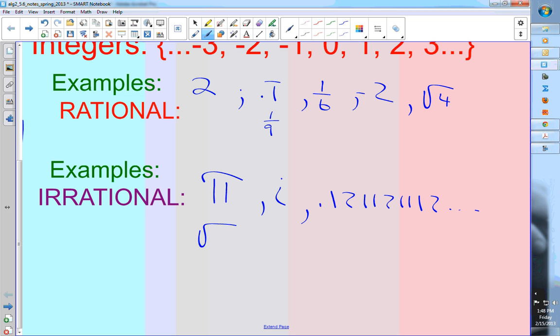Square root of 7, not rational. Is e irrational? It is also irrational, but nobody but you probably knows what e is, maybe a couple other people, but we haven't done e yet. How about a number divided by 0, like 3 over 0? That's not a number. Integer over integer, dividing by 0 is an undefined expression.